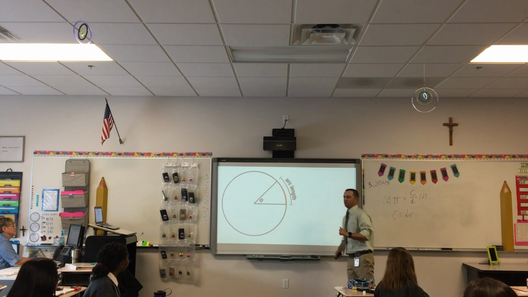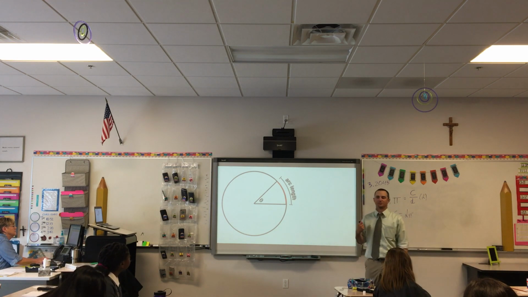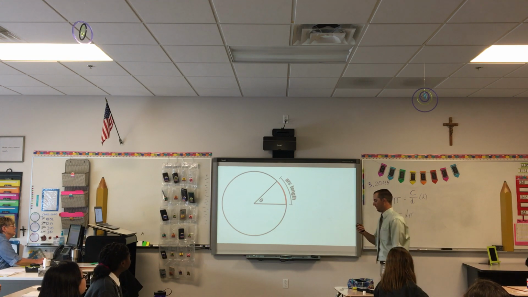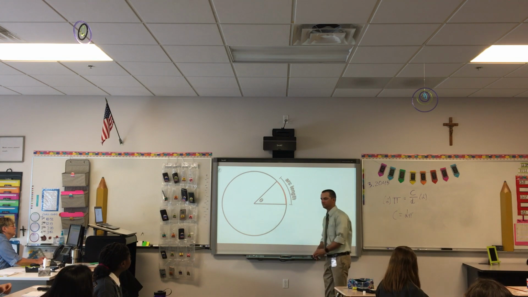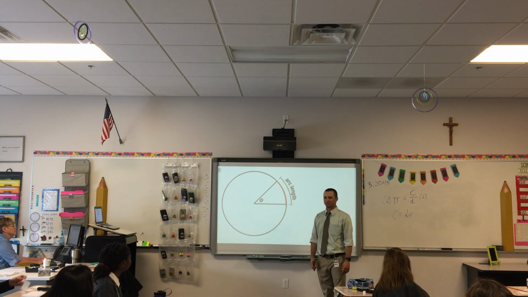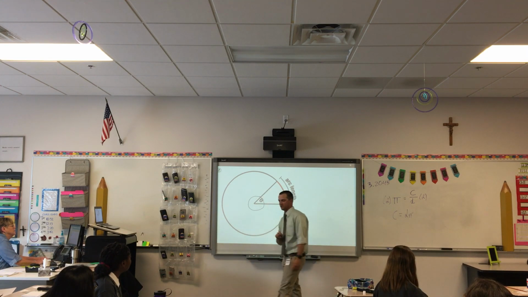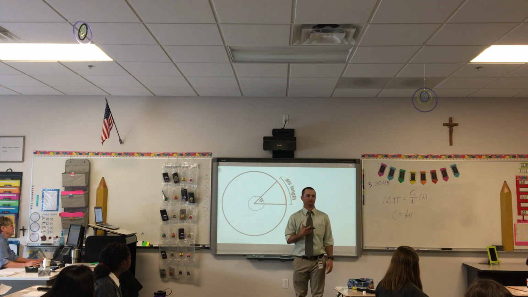Well, the one thing that I do know is arc measure. We've talked about arc measure. What is the biggest arc measure you can have in a circle? 360. The whole measure around the whole circle is 360. So I'm going to make a proportion.